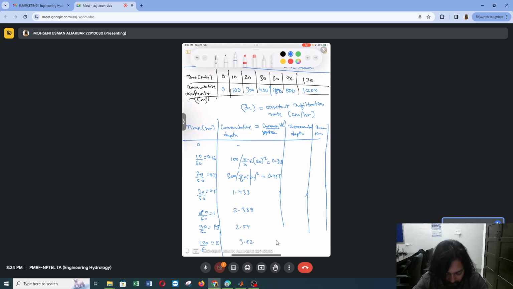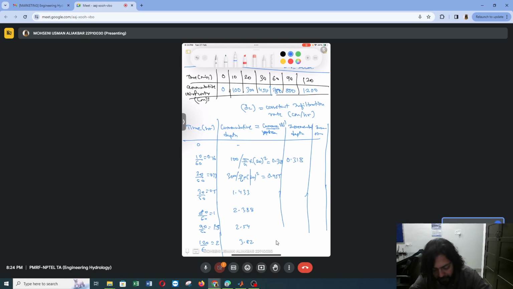Now that we know the value of cumulative depth, we can get the value of incremental depth also. All we need to do is subtract the prior value. So you can calculate incremental depth and incremental time now. The first value will be 0.318 only.